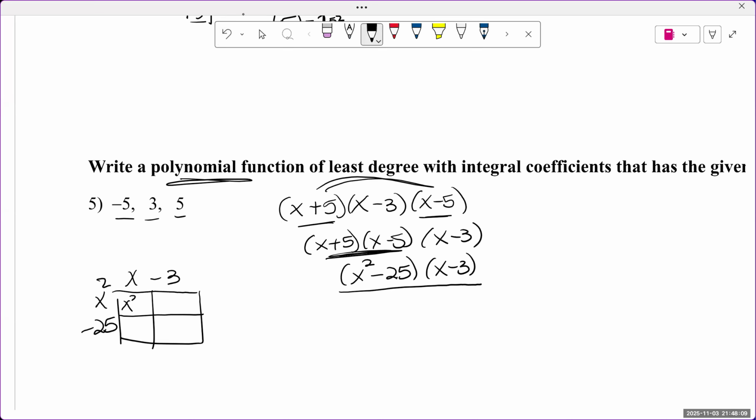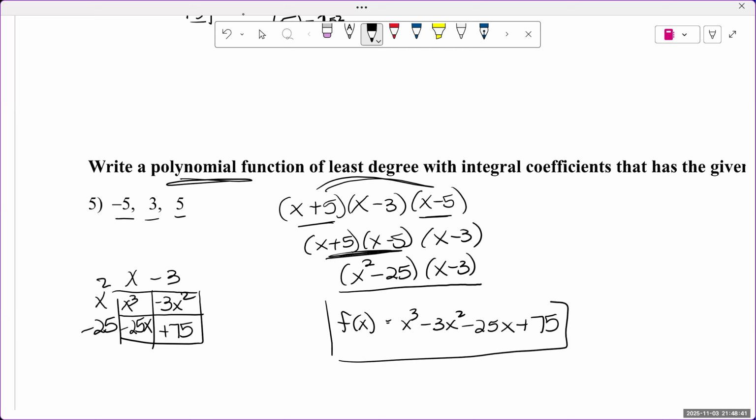So I have x cubed minus 3x squared minus 25x plus 75. So the polynomial f of x is equal to x cubed minus 3x squared minus 25x plus 75. There is our polynomial.